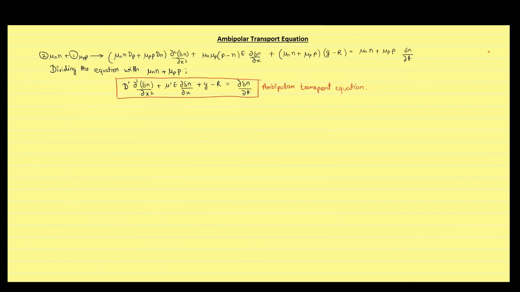You can simply write D dash, where D dash is the effective diffusion constant of excess charge carriers, which is equal to this. By using the Einstein relation, we will replace the mobility of free electrons and holes with the diffusion constants of free electrons and holes, which will give the effective diffusion constant to be equal to this.